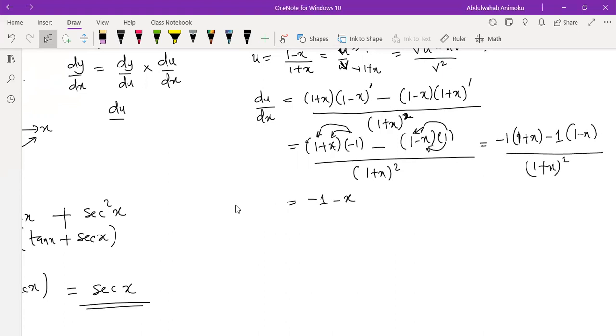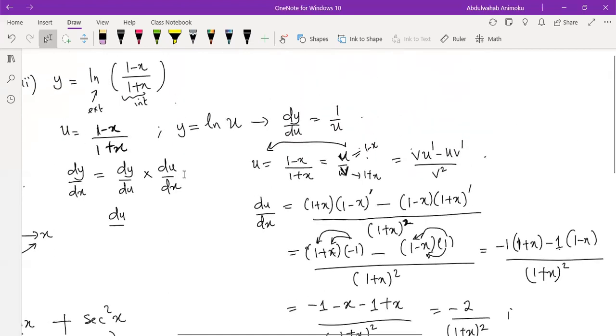Okay, so minus 1 times 1 becomes minus 1, minus 1 times x is minus x, then minus 1 times 1, we have minus 1 again, then minus 1 times minus x, we have plus x, all over (1 plus x) all squared. So what does this give us? Minus 2, minus x plus x is 0, so minus 2 over (1 plus x) all squared. So we are done with this.